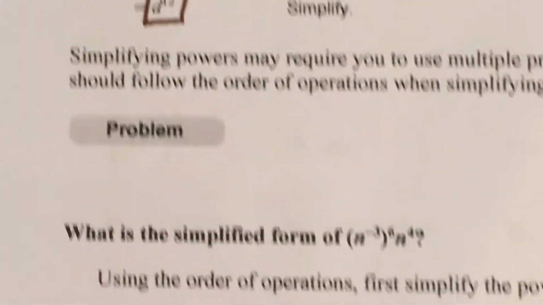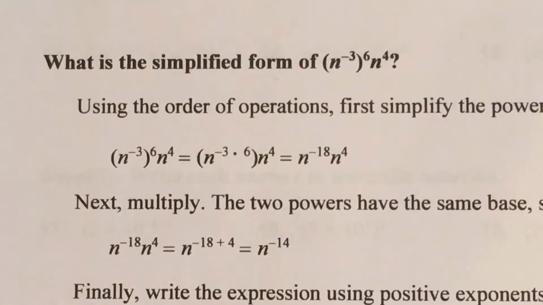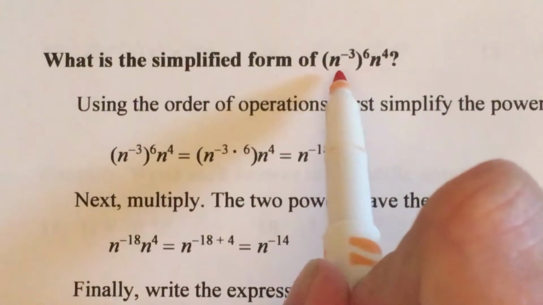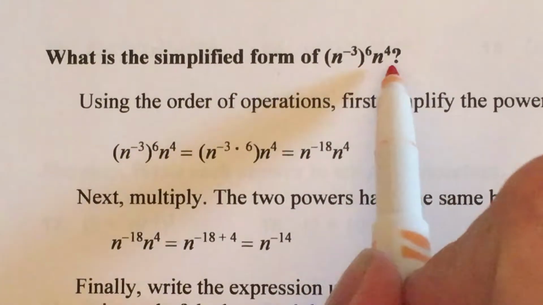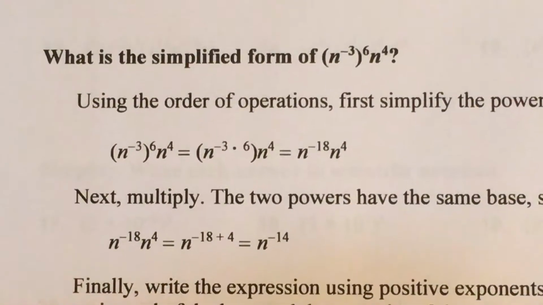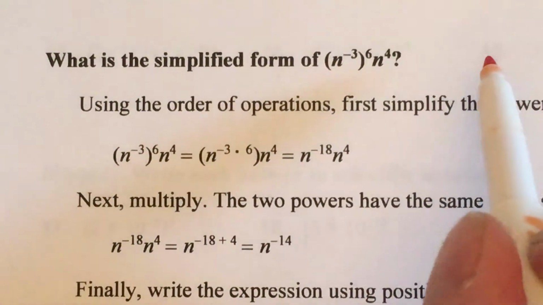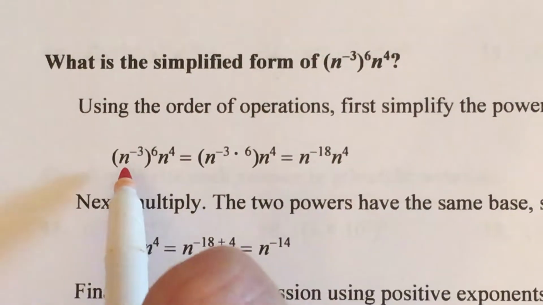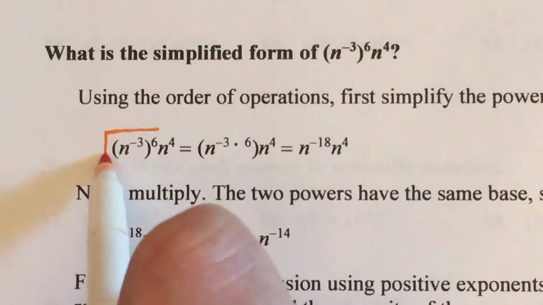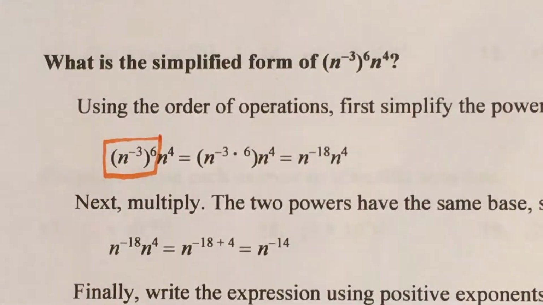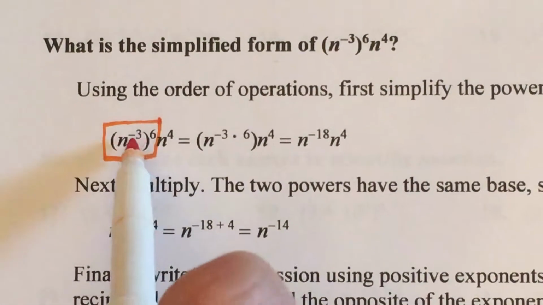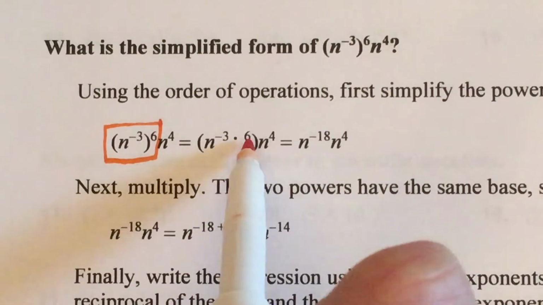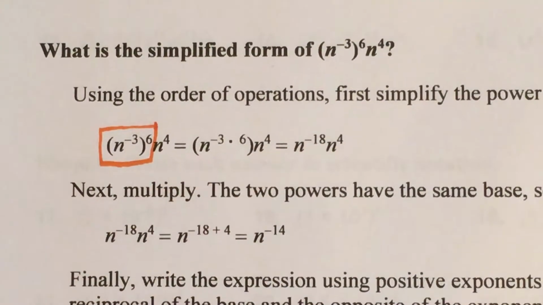If we wanted to expand that and grow our skill to something a little bit more involved, sometimes parts of the example have parentheses and some don't. In your order of operations, you have to deal with your parentheses first. So let's tackle this portion of the problem first with our power to a power rule, and we multiply the -3 and the 6 together to get -18.